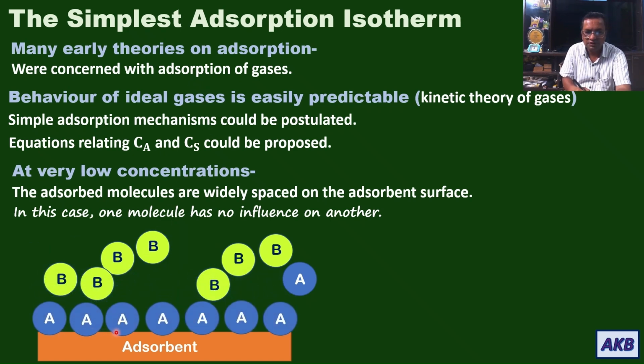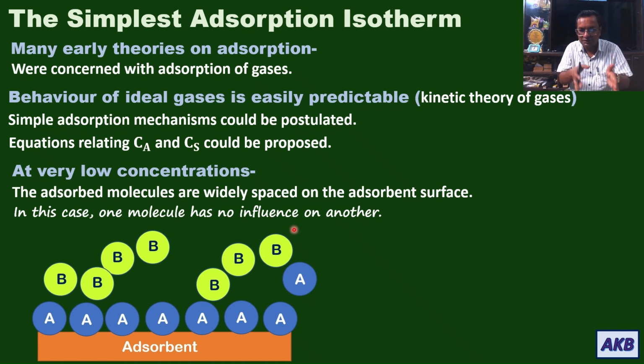The adsorbent molecules are getting adsorbed on the surface of the adsorbent, but when they get adsorbed, they are widely spaced on the surface, and they are not affecting each other. So for example, you have this molecule of gas A, it is not going to affect this molecule, or this molecule. So they are widely spaced on the surface of the adsorbent, and they do not interact among themselves.